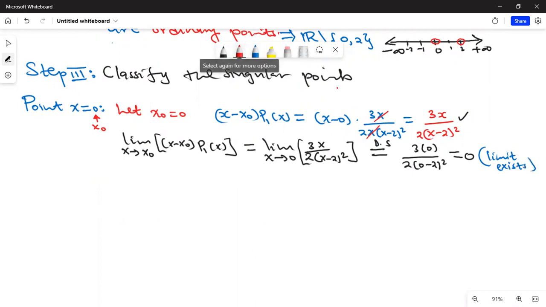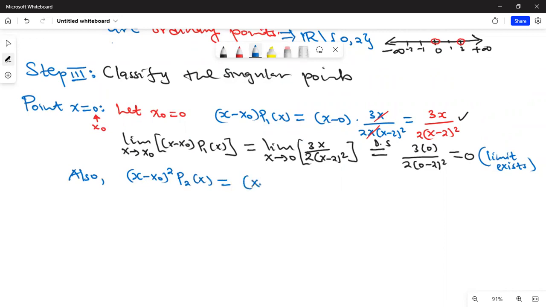When you get a number different from infinity, it means the limit exists. So in this case, limit exists. Also, you need to find x minus x naught squared times p2 of x. What will this give us?